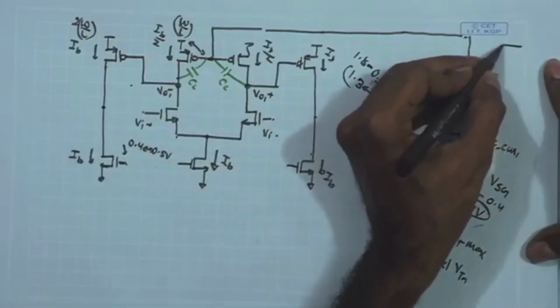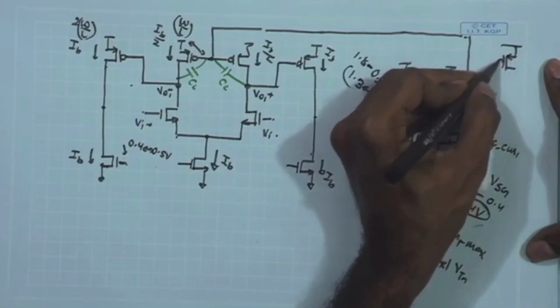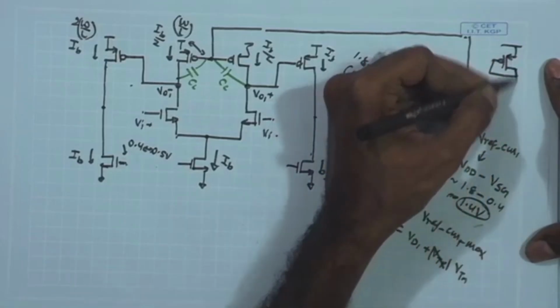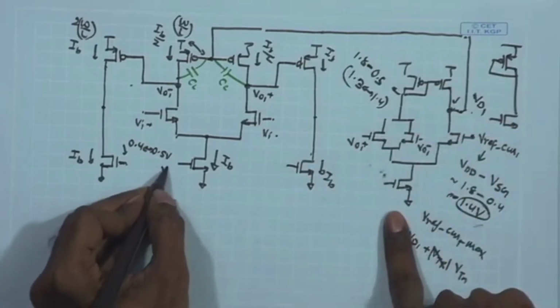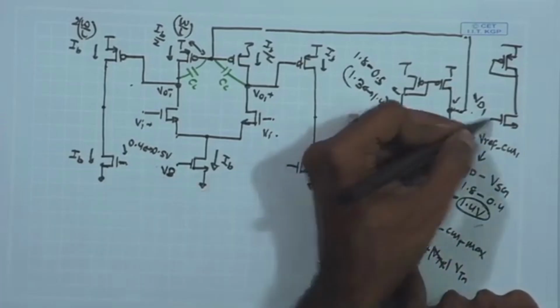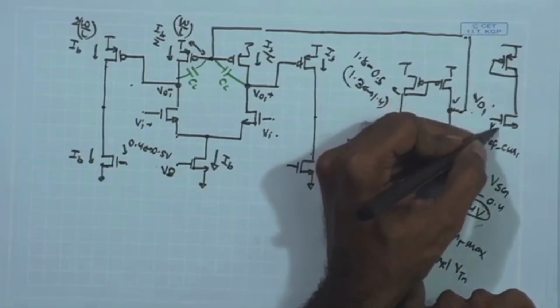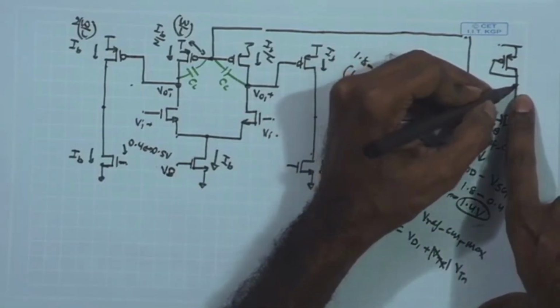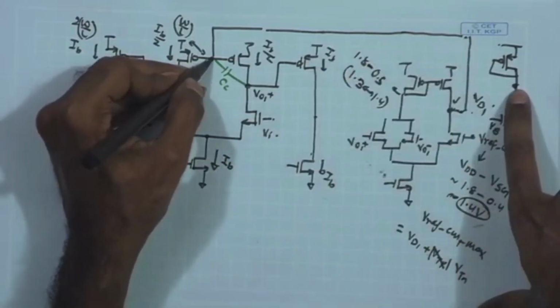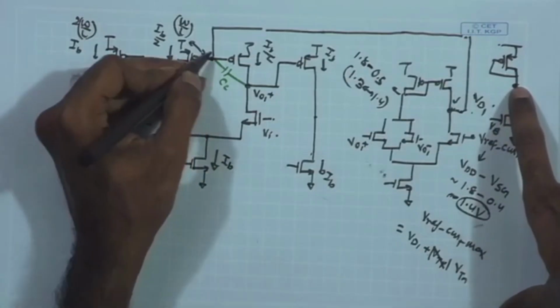For that I can use a direct connected PMOS and apply the same reference VB, whatever VB is coming to this tail current source, I can apply the same reference voltage VB over here, and this is going to produce a VDD minus VSG potential over here, which is going to be close to the DC potential over here.